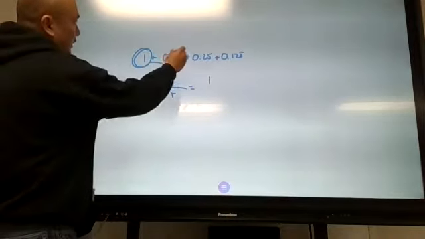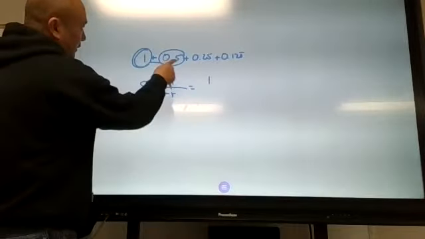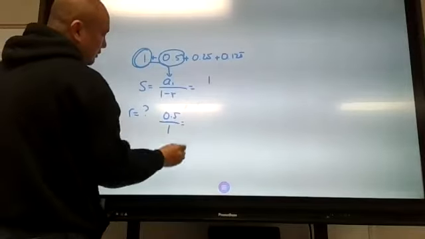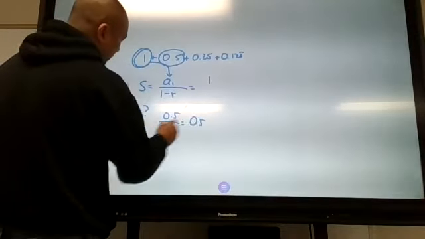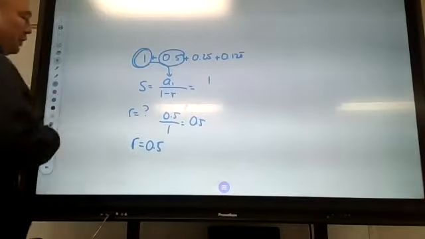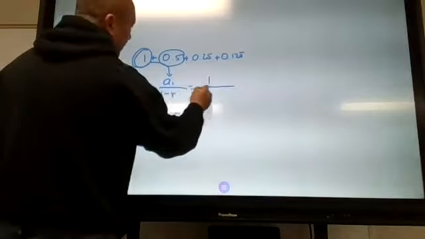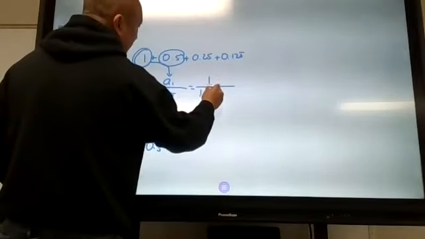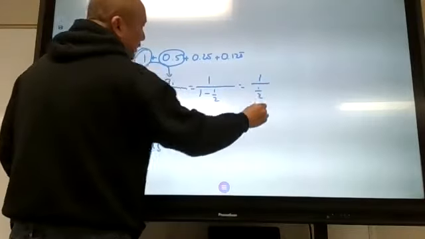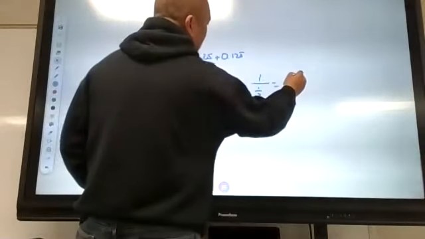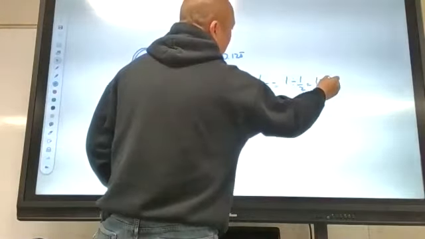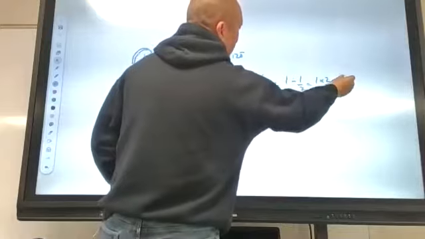So we divide 0.5 over 1, which is 0.5. So the ratio is equal to 0.5. When you put that in here, 1 minus 0.5 is 1/2. That equals 1 divided by 1/2, which is 1 times 2 over 1, because remember the reciprocal, and the sum is 2.